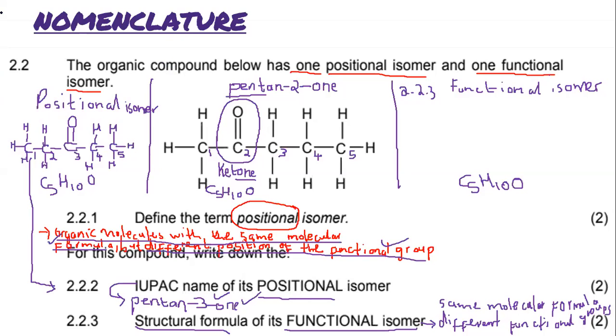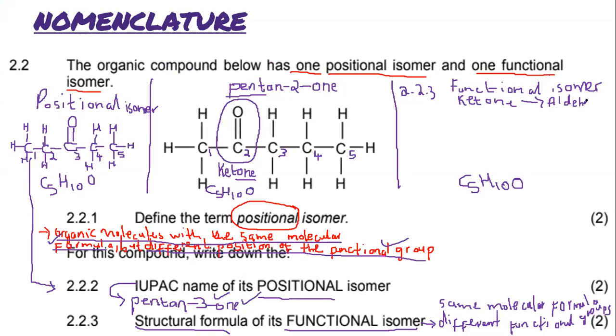Now, how do we recall this one? When you want to draw a functional isomer of a ketone, you must draw an aldehyde.